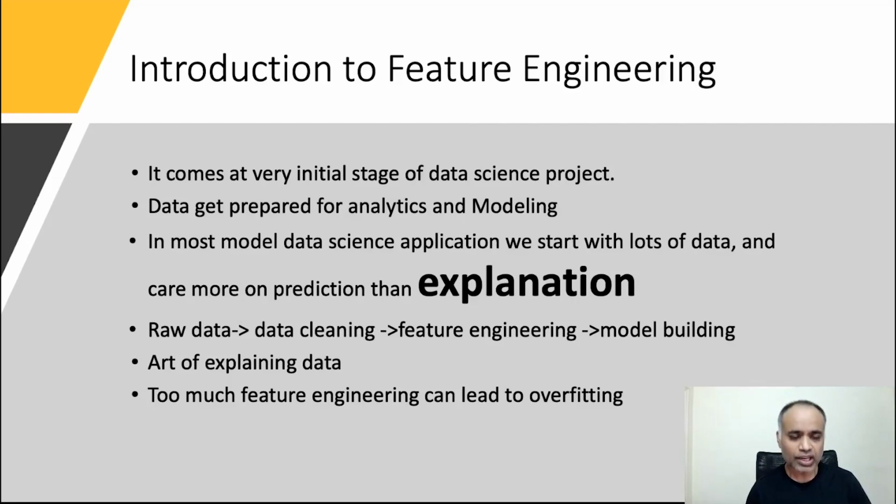Feature engineering comes at the very initial phase of our data science project. The data is scattered across your application or across your organization, and it can come from various sources. So the data is not in the right form to work with for data modeling or machine learning.